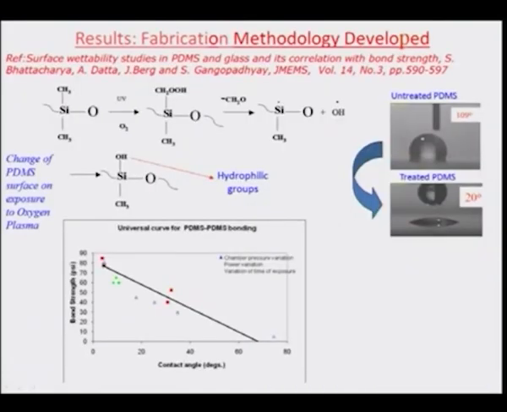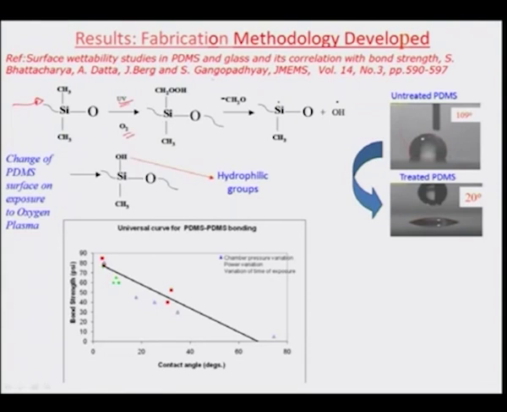So, for example, one of the very good examples of this clean bonding procedure using oxygen plasma, and the methodology involved, has been reported in this paper on surface wettability studies in PDMS and glass. And what is found is that there is a series of reactions which happens on the surface of a PDMS by virtue of exposure to UV and exposure to oxygen plasma.